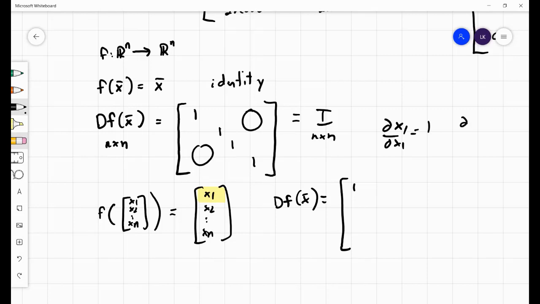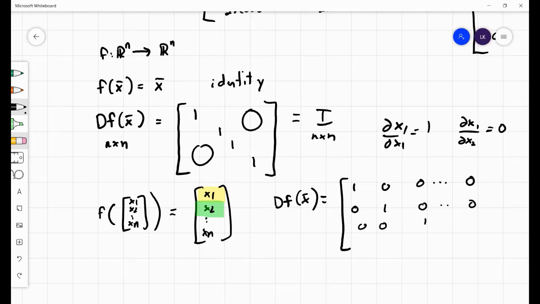And then the derivative of x1 with respect to x2, some sort of dyslexia-like thing happened there. So the derivative of x1 with respect to x2 is next, and that would be 0 because x1 and x2 are independent variables. And so on. The derivative of x1 with respect to x3 is 0, and so on. So the next row in our derivative matrix would be the derivative of x2 with respect to x1, with respect to x2, with respect to x3, and so on.